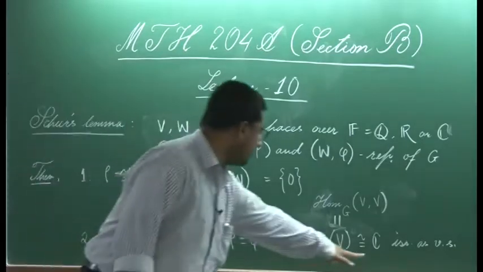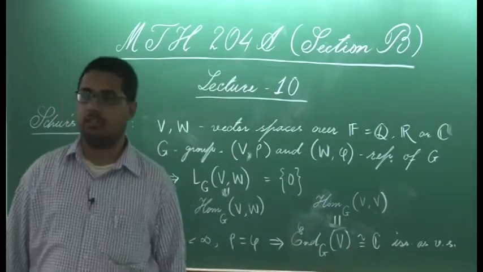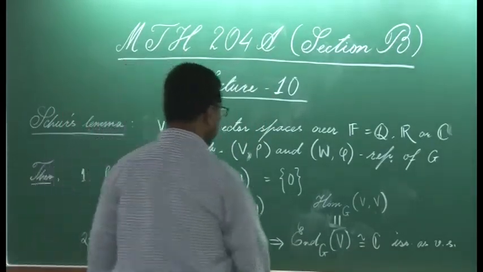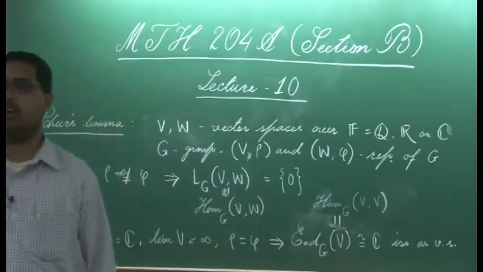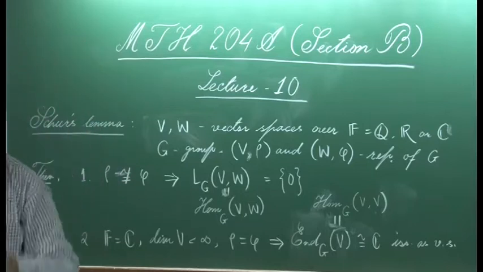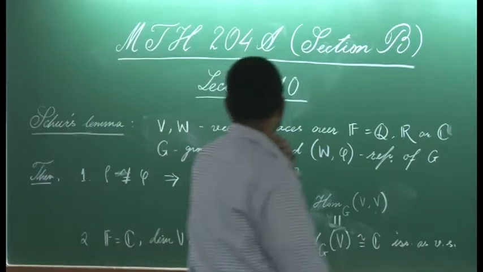This isomorphism is as vector spaces over the field of complex numbers. This is because, if you remember, all G-invariant endomorphisms of V are precisely the scalar multiples of identity.